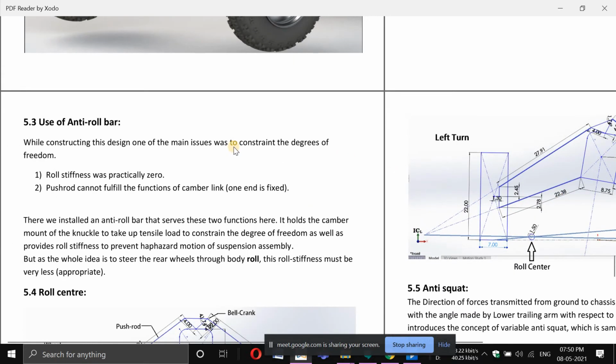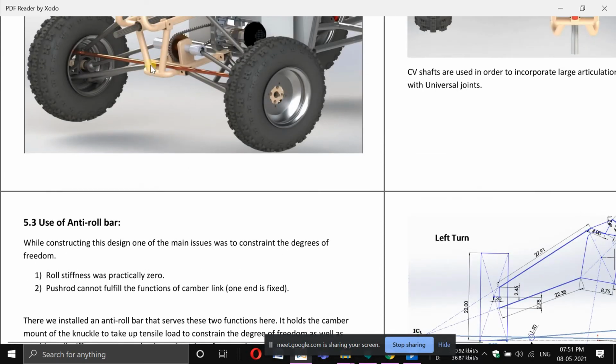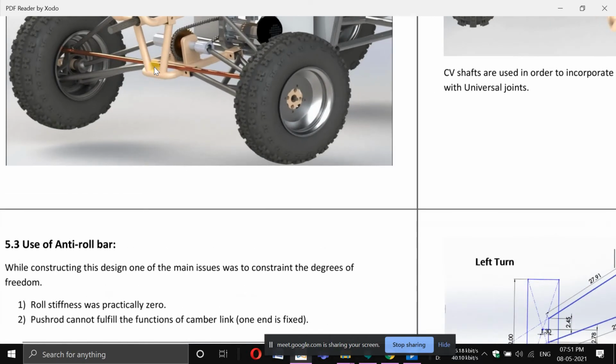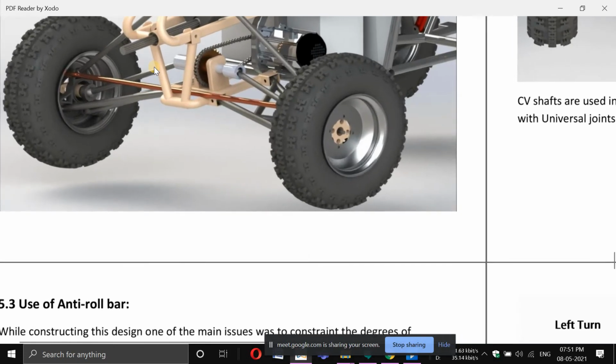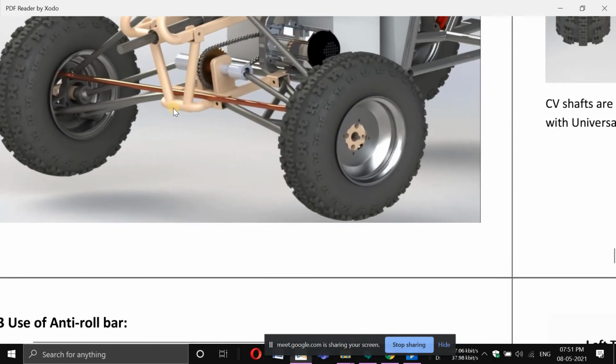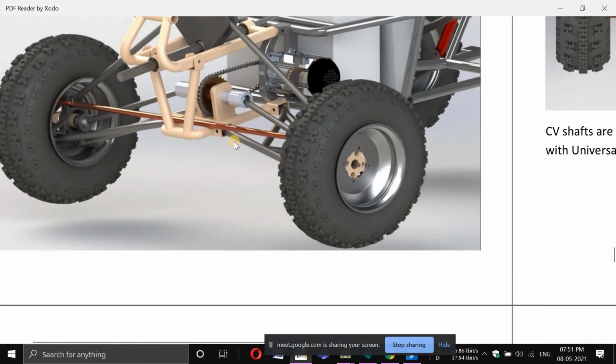An anti-roll bar is a type of torsion spring, we could say, which has torsional rigidity and stiffness in such a way that if one tire is moving relative to another, like in the previous example, where the right tire is going up and the left tire is going down, there is torsion generated in the anti-roll bar.